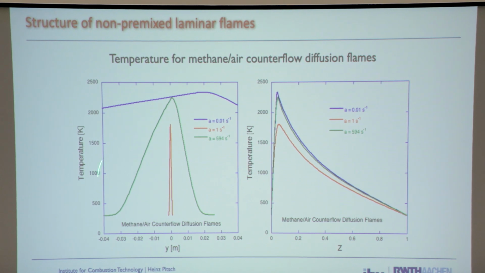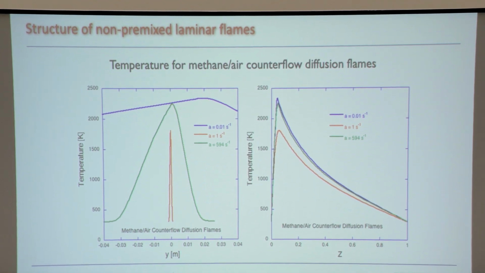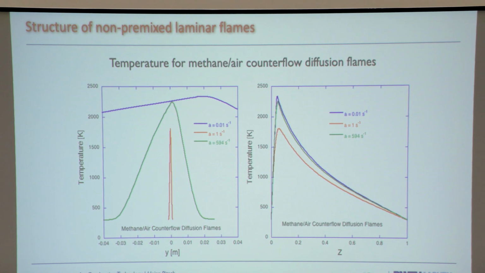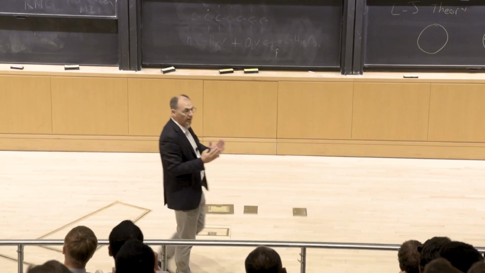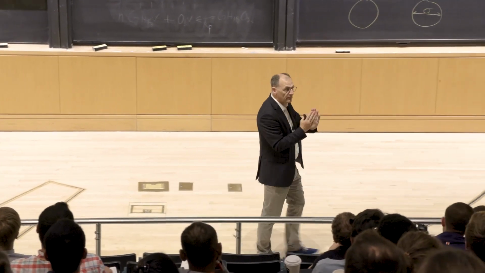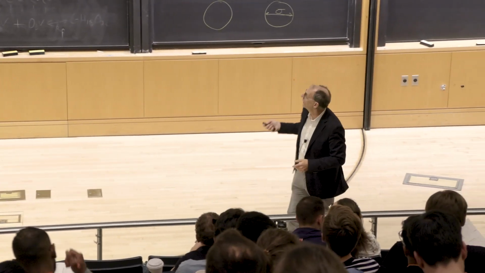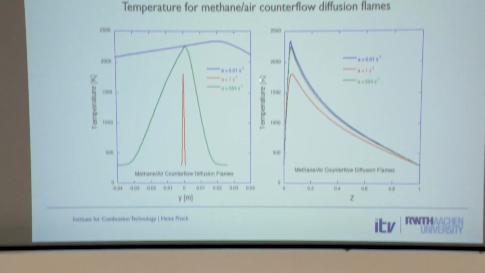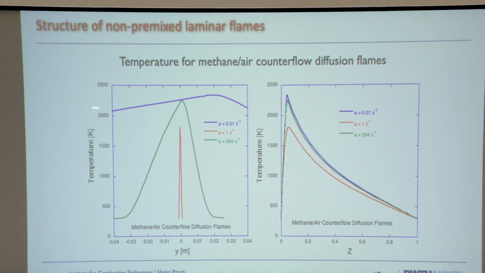So this here shows numerical solutions of these equations that I showed you, and what you see is the temperature for 3 different strain rates. I mentioned earlier, if you blow harder in both nozzles, then the strain rate is high, and the gradients become larger. The whole flame becomes thinner, and that's what you see here. The lowest strain rate gives you a very wide temperature profile.